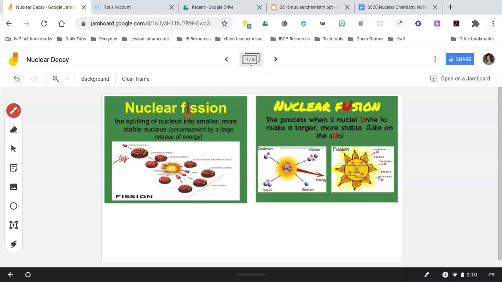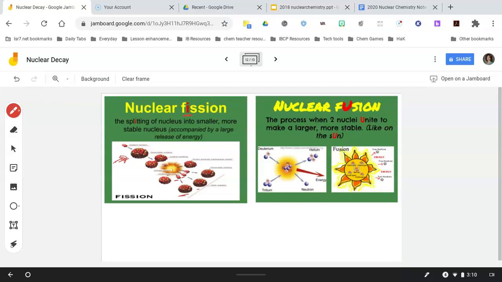And I have to get the process started. So usually you'll see a neutron crash into that nucleus that was already unstable. Well, when that neutron crashes in, it makes it so unstable it can't stay together, it splits. And when it splits, I get two smaller nuclei, and then I get some additional neutrons that get kicked out.